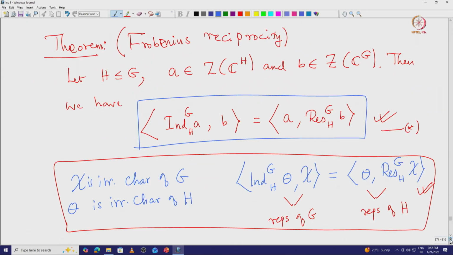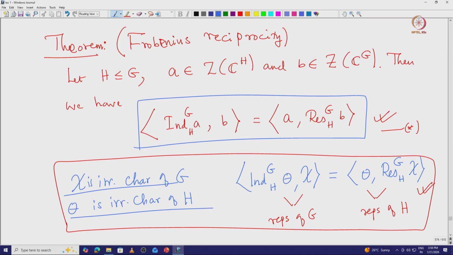When chi is an irreducible character of G and theta is an irreducible character of H, then the multiplicity of chi in the induction of theta is the same as the multiplicity of theta in the restriction of chi. This is a very powerful connection between the representations of the respective groups G and H. Okay, so this completes the proof of Frobenius reciprocity.